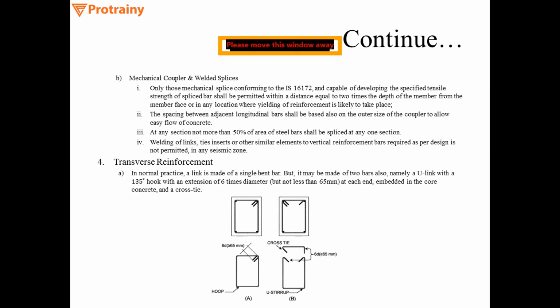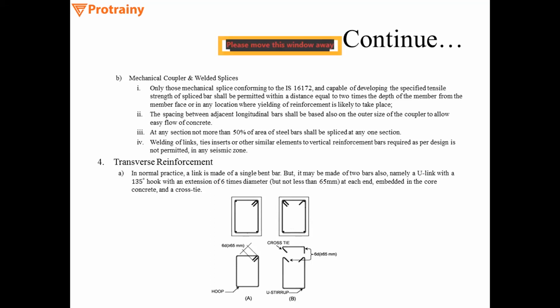Another point, like I have discussed earlier in lap splice, there should not be any section where more than 50% of the area of steel of bars is spliced at one section.